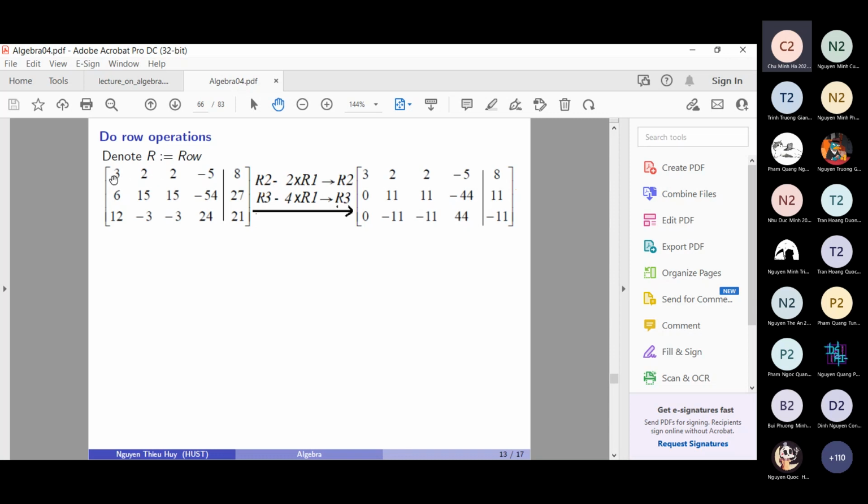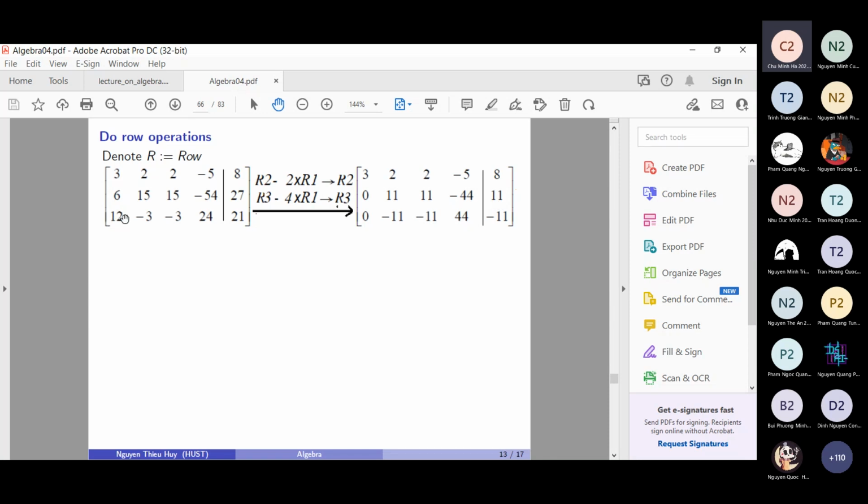This means that you multiply row 1 by minus 2, then add to row 2 and replace into row 2. So minus 2 multiply 3 is minus 6, and 6 minus 6 is 0. Here 15 minus 4 is 11, and minus 54 plus 10 is minus 11. So 25 minus 16 is 11.